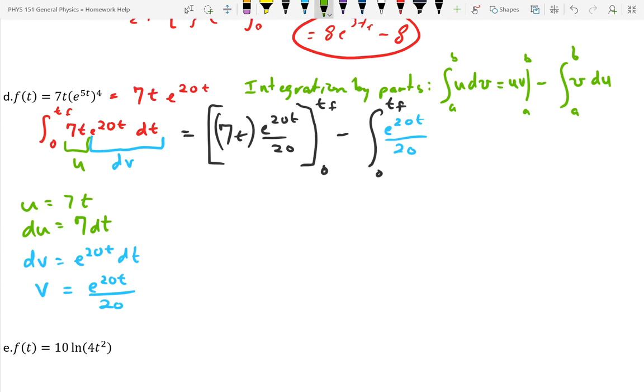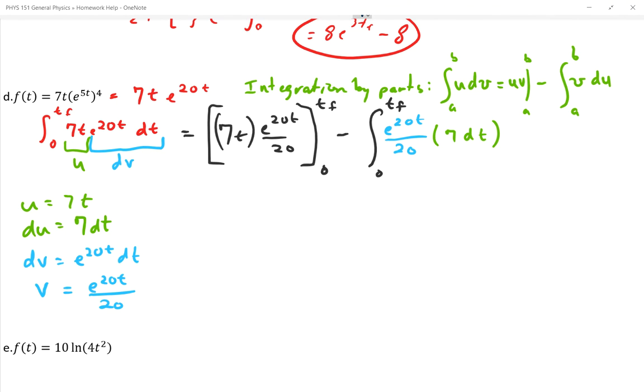And then multiply it by my du, which was 7 dt. So I still have to work this second integral. The first one I just have to put in the limits. So I'm going to work the second integral and then put it all together. So working that second integral.